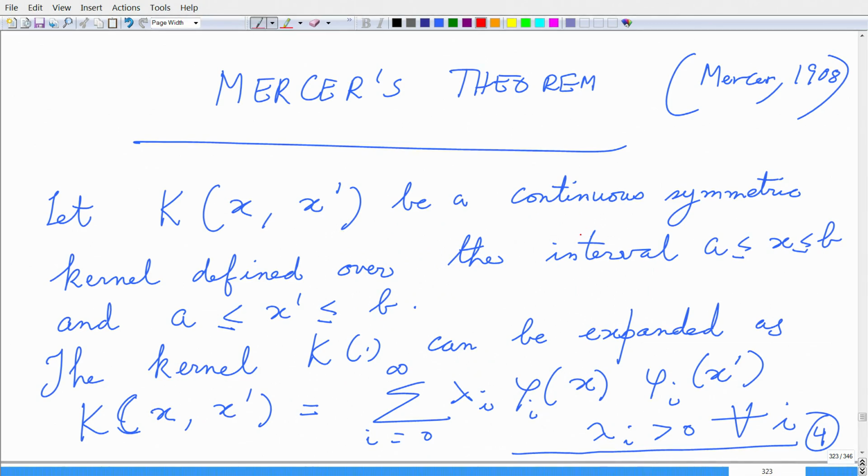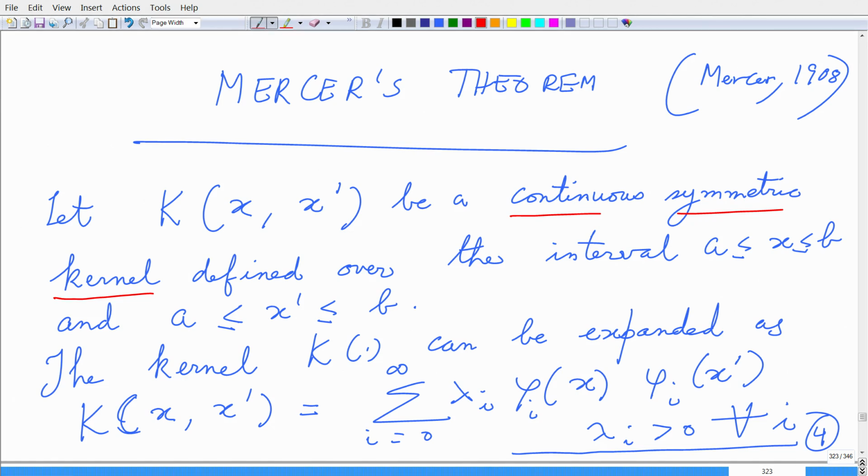Let k of x comma x prime be a continuous symmetric kernel defined over the interval a comma b. It is a closed interval. So, both variables x and x prime are defined over the closed interval a comma b.